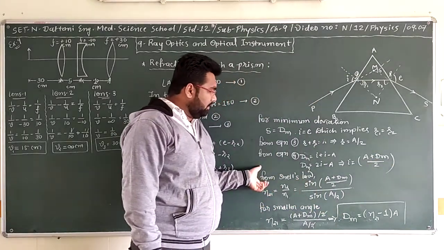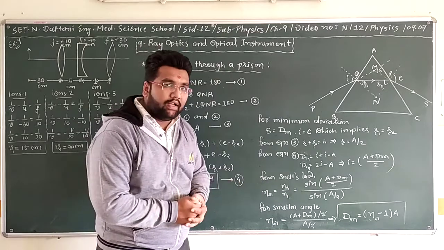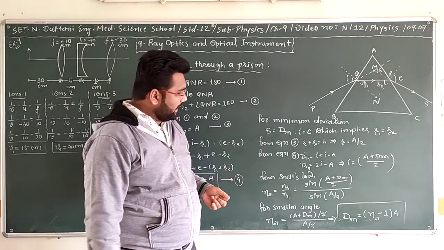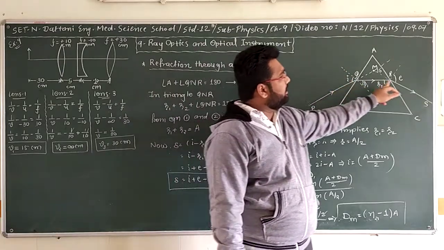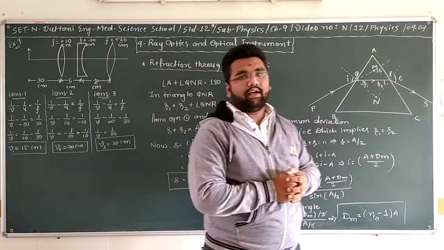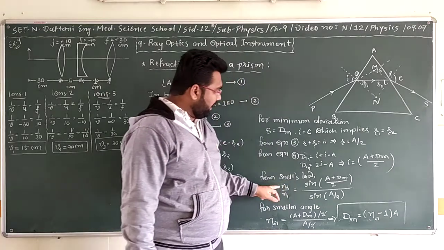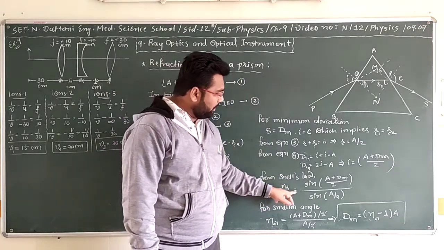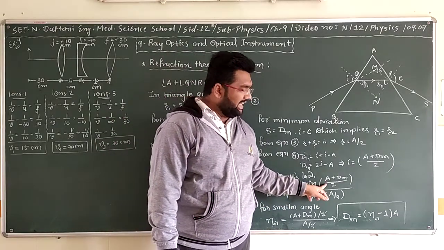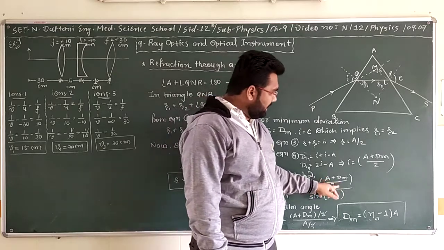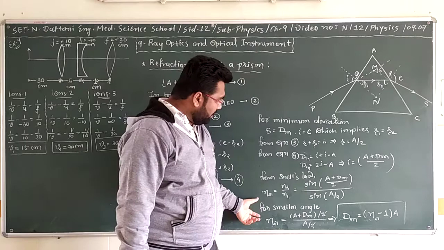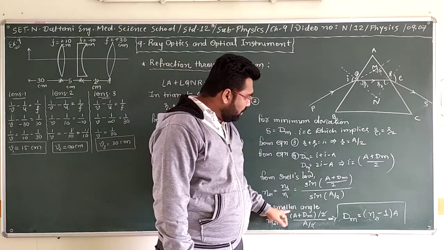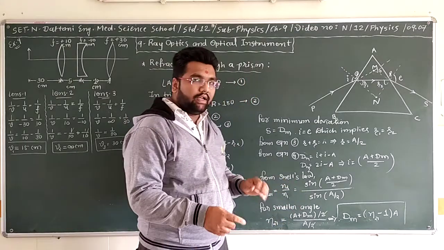From Snell's law, we have n1 sin theta 1 equal to n2 sin theta 2. Here theta 1 is the incident angle and theta 2 is the emergent angle. So we get n21, which is n2 upon n1, equal to sin of the incident angle, (A plus dm) by 2, upon sin of the angle A by 2. For small angles, sin will be removed.